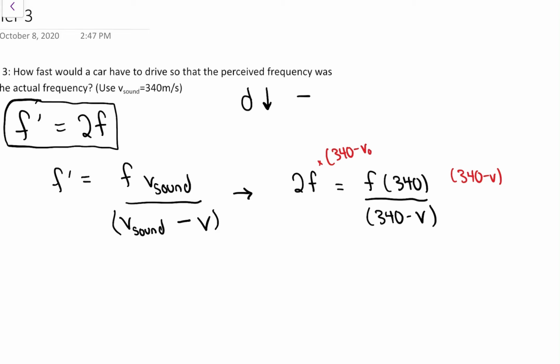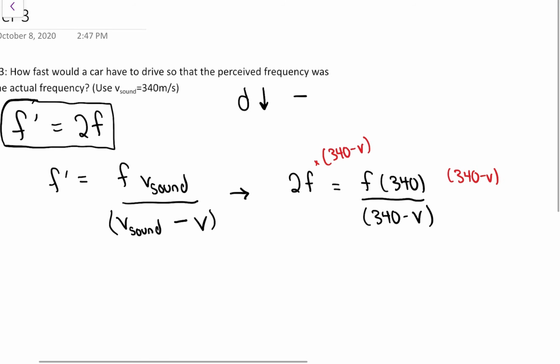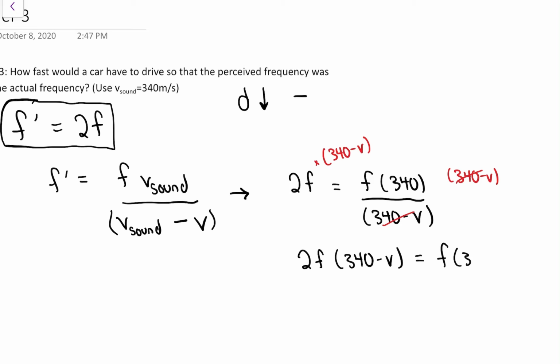That'll clear my unknown off the denominator, v, not v naught. I don't like having my unknown on a denominator, but really that cancels this out. And on the left, I've got 2f multiplied by 340 take away v, equals f multiplied by 340.